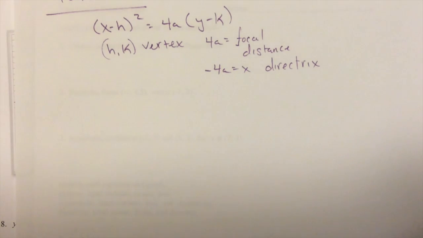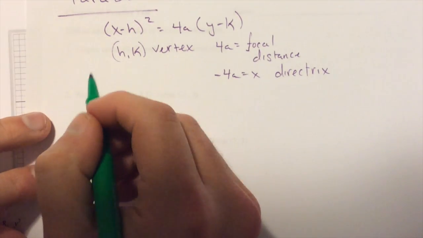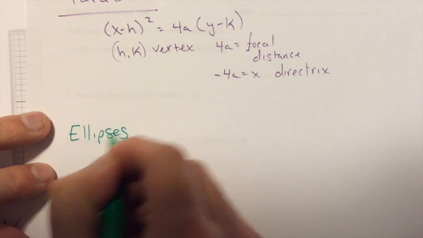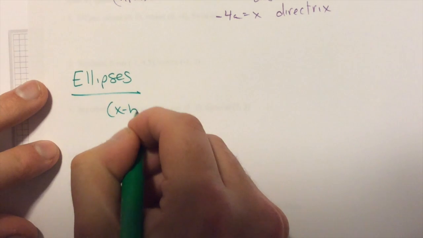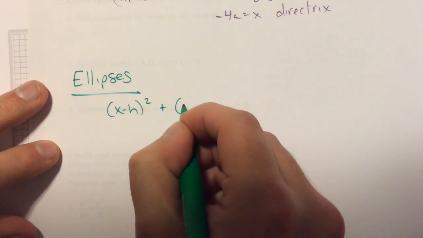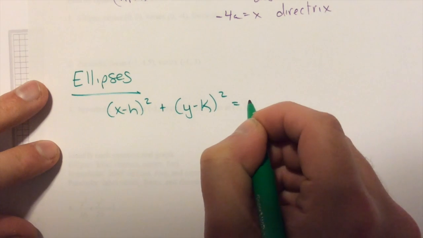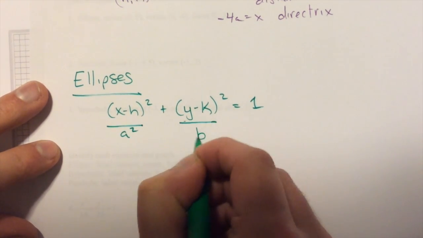The second shape that we started working with were ellipses. We had that as (x minus h) squared over a squared plus (y minus k) squared over b squared equals 1.